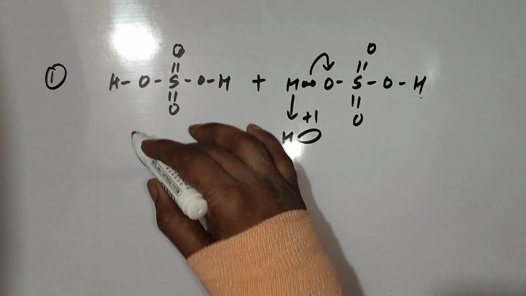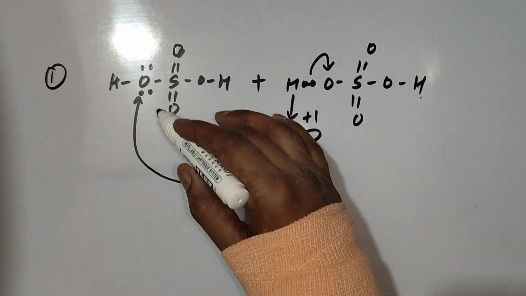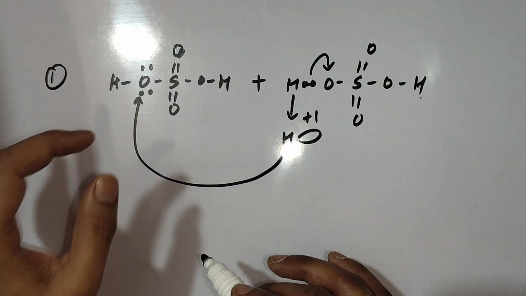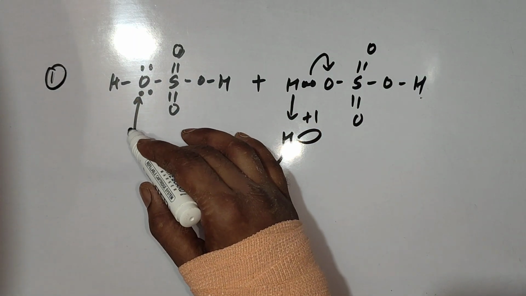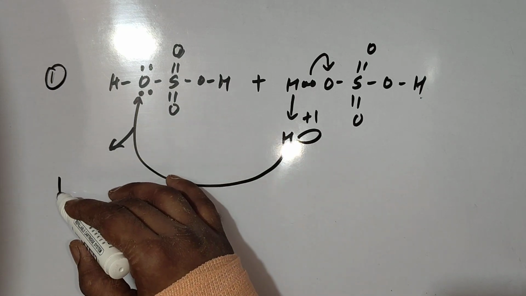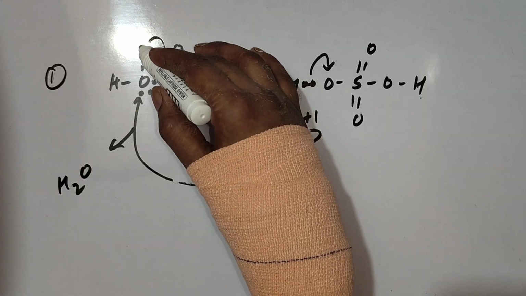This H positive, looking for electrons, will attack on the lone pair of the oxygen, due to which 3 bonds will generate by oxygen and it will become unstable. H2O will release out. Directly I am making it.